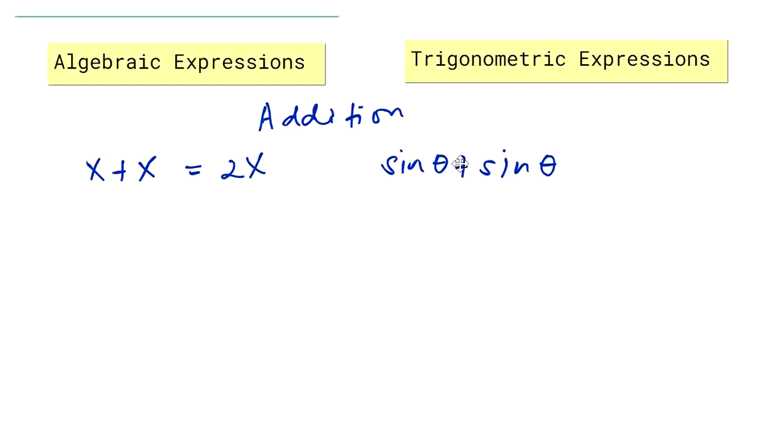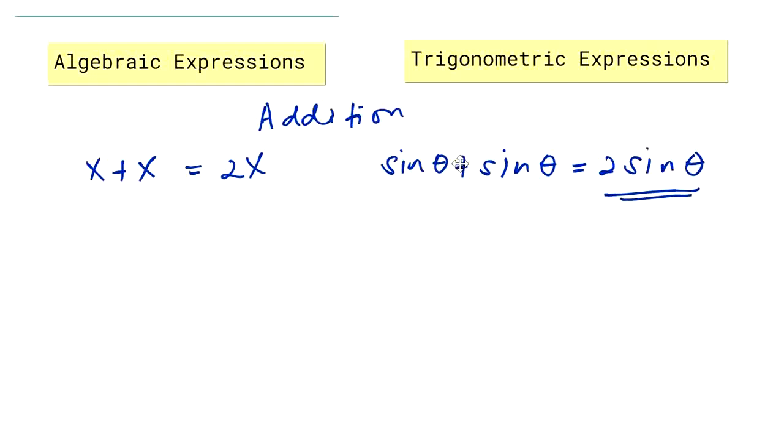So, ibig sabihin, pwede ko siyang i-add. Parehas lang din siya ng algebraic expression na meron siyang numerical coefficient sa unahan niya. Pag wala kang nakita, ibig sabihin meron niyang 1. So, yun lang i-add natin. So, we have 1 plus 1, that is equal to 2. And simply copy the same function na meron ka, that is sine theta. So, the final answer is 2 sine theta.